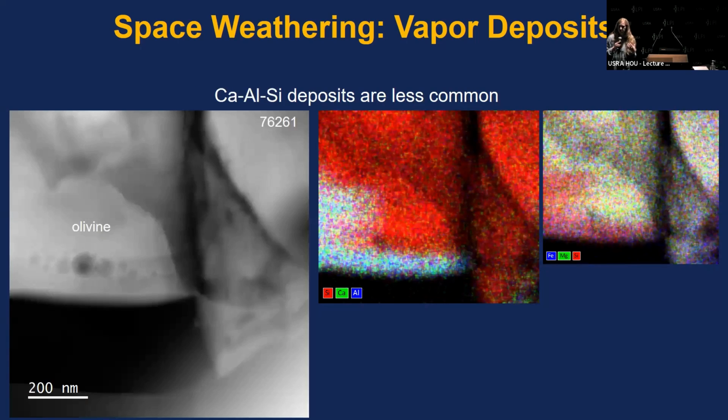A vapor deposit variety that we don't encounter often, and which is surprising given the amount of plagioclase in this sub 45 micron size fraction, we don't see a lot of calcium and aluminum silica deposits. Likewise on the ferromagnesian minerals. Here's an example of an olivine grain. This one has some spherical vesicles containing calcium, aluminum, and silica.